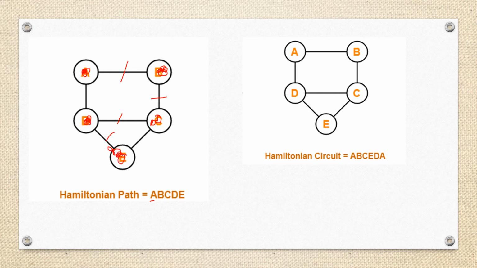So, please observe, lahat ng vertex na nasa graph ay nagamit natin. A, B, C, D, E. Pero, tingnan ninyo yung edges. Hindi lahat ng edges. Ito lang yung nagamit nating edges. Yan, ito, at saka ito. So, hindi natin nagamit lahat ng edges.